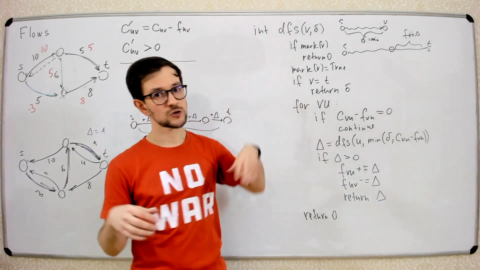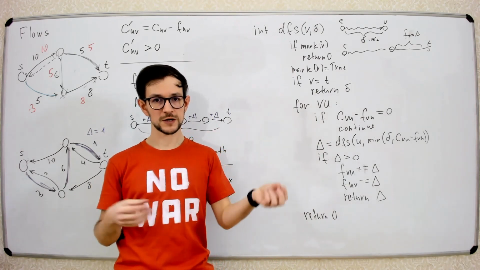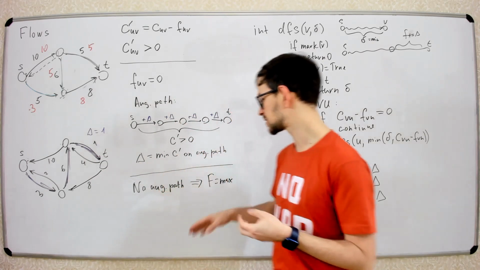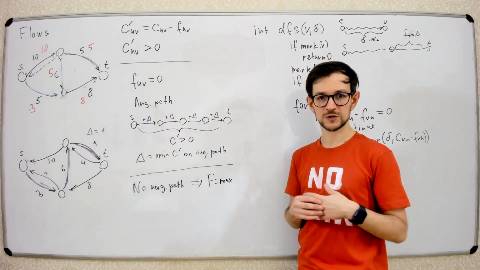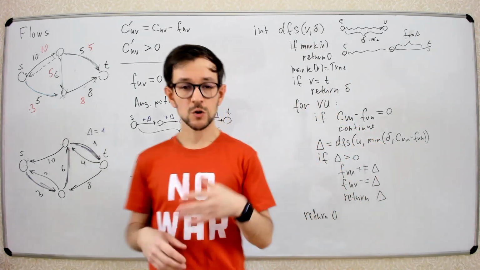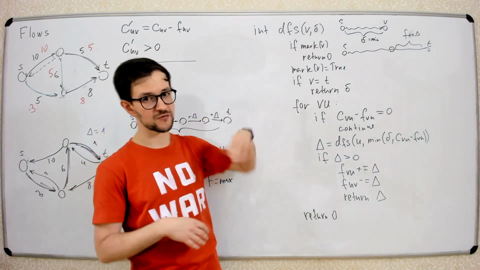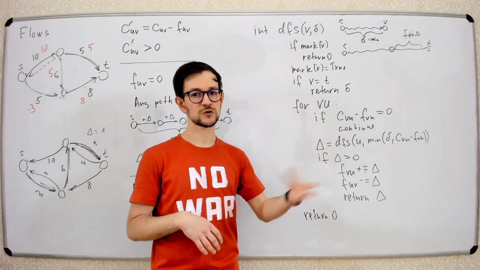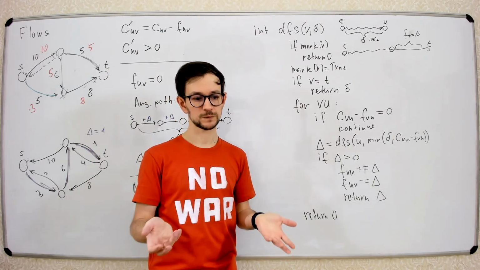If this DFS returns 0, it means there is no path from S to T. If there is no path from S to T in the residual network, it means our current flow is maximum. We will prove it later. Okay. Very simple. So the algorithm is very simple. You just call this DFS until it returns 0. When it returns 0, your flow is maximal possible.